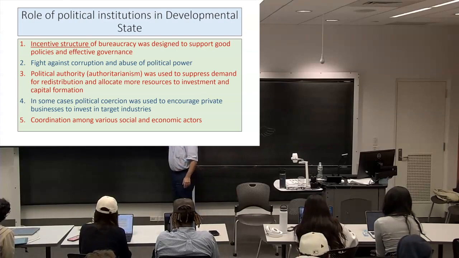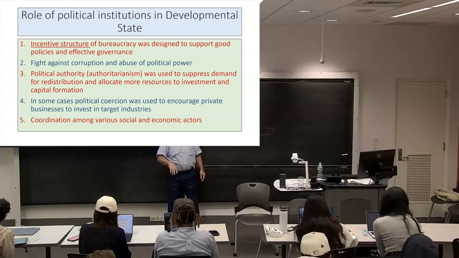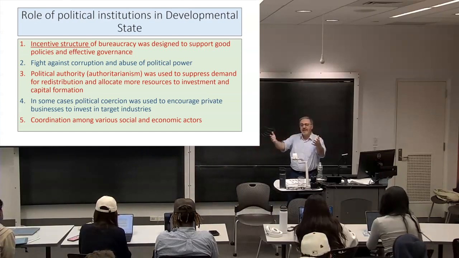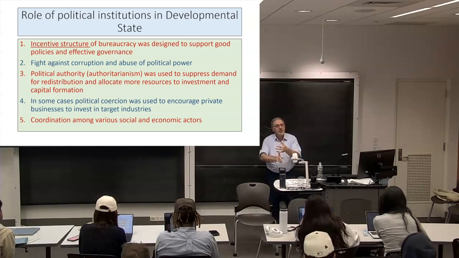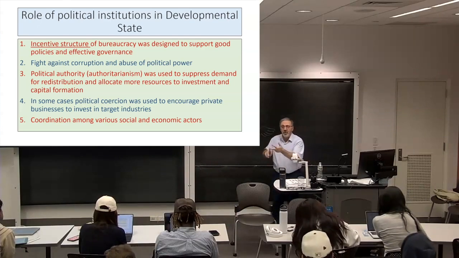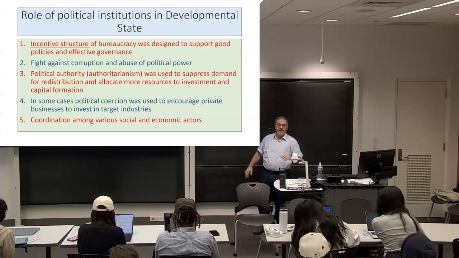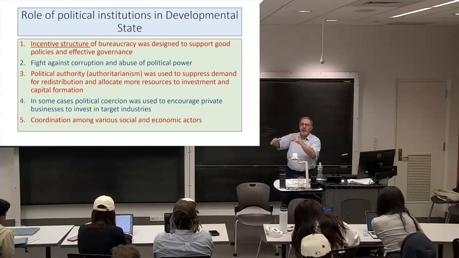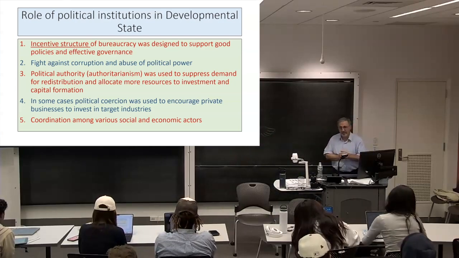But the developmental state does that to keep the industry competitive in order to win export markets. So Korea, Singapore, Vietnam, all of these countries at some stages have suppressed labor demands. They have imprisoned labor leaders, but for the benefit of the economy in the long run.